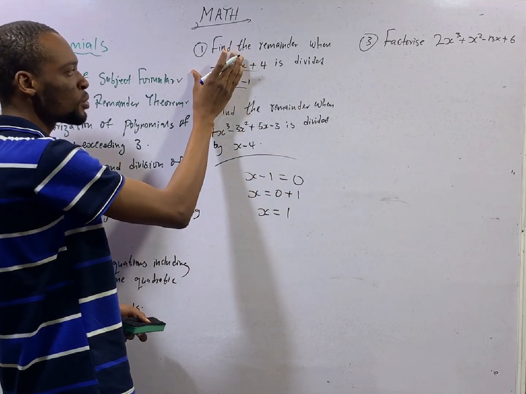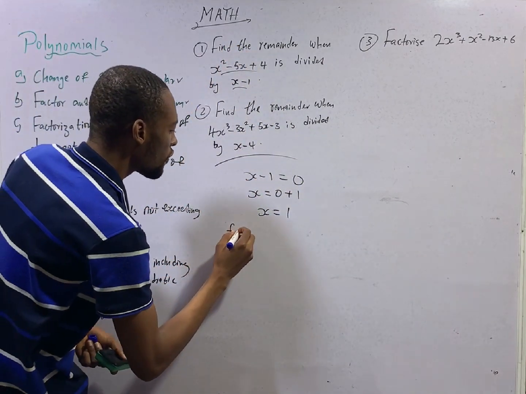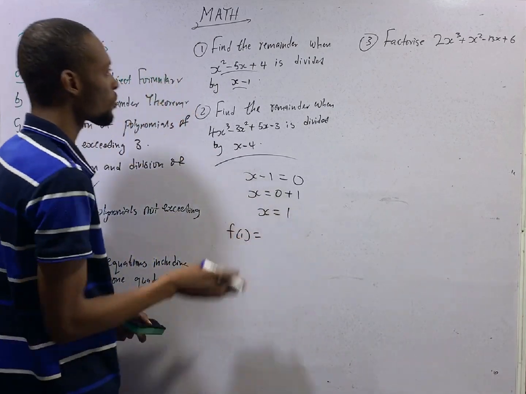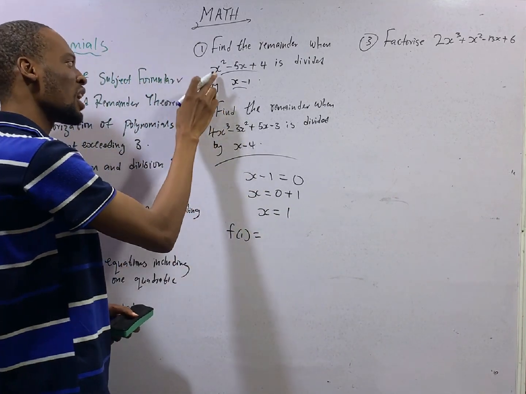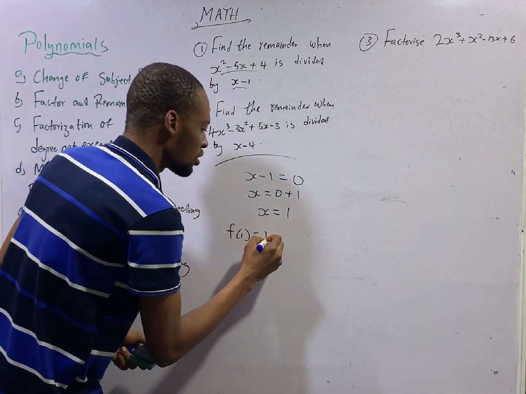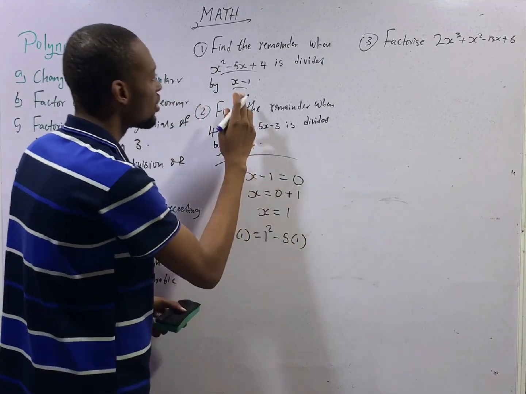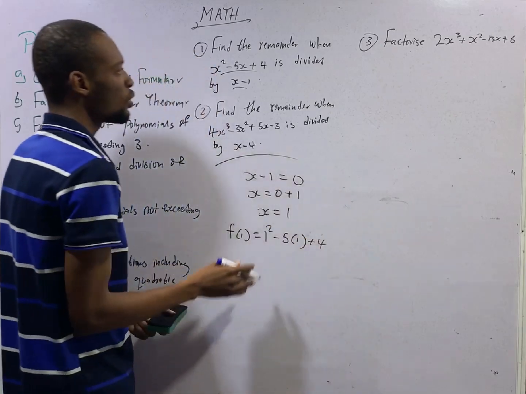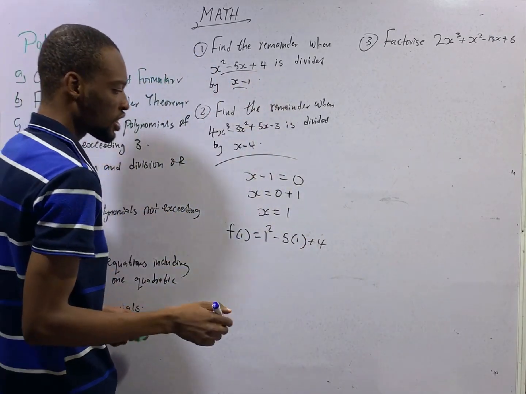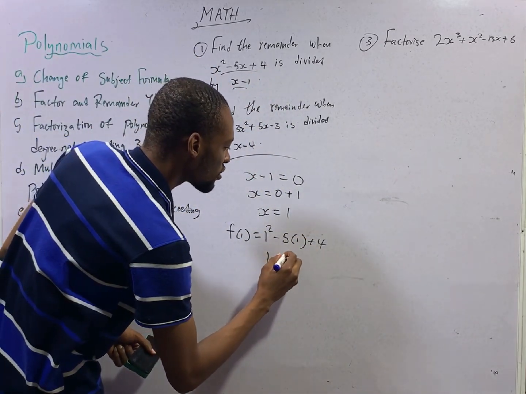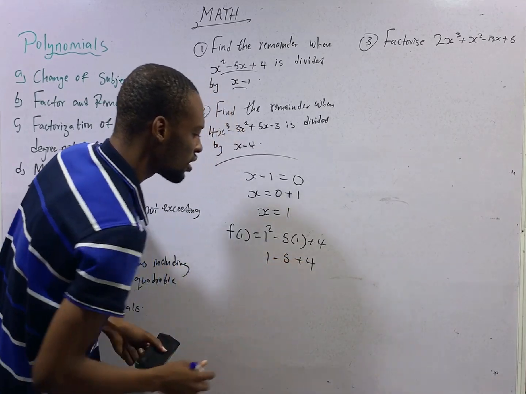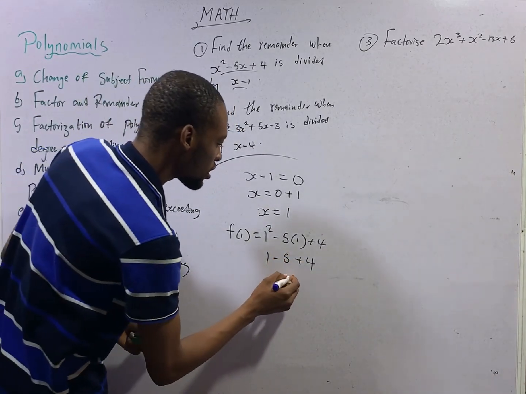Substitute it into this polynomial. Therefore, the function of 1 equals, instead of s, you have 1 squared minus 5 times 1 plus 4. We are substituting. This will give you 1 minus 5 plus 4, and that will give you 0.